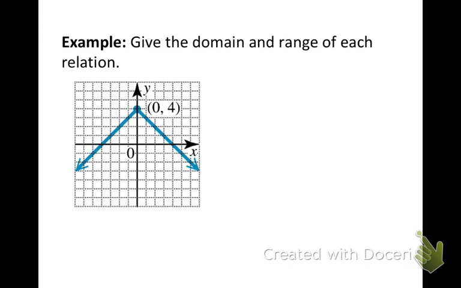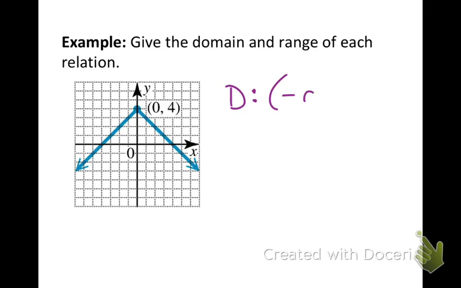Okay, so for domain, remember that's your x coordinates. So think left to right movement for x-axis, because moving to the left goes all the way to negative infinity, moving to the right goes all the way to positive infinity. Because there's arrows here, it goes on and on forever, so there's no stopping point in the negative infinity direction.